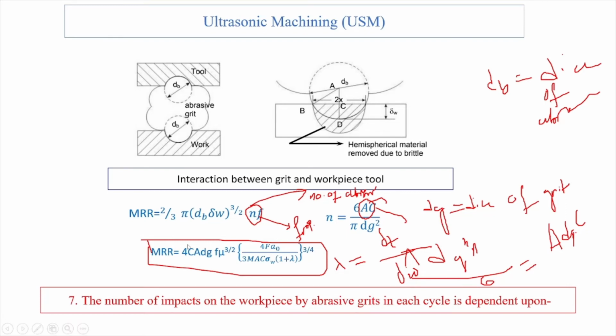We have also seen the relations between MRR and all the parameters: concentration, area, dg, frequency, indentation depth. From these equations we can say how MRR is dependent on the other parameters.